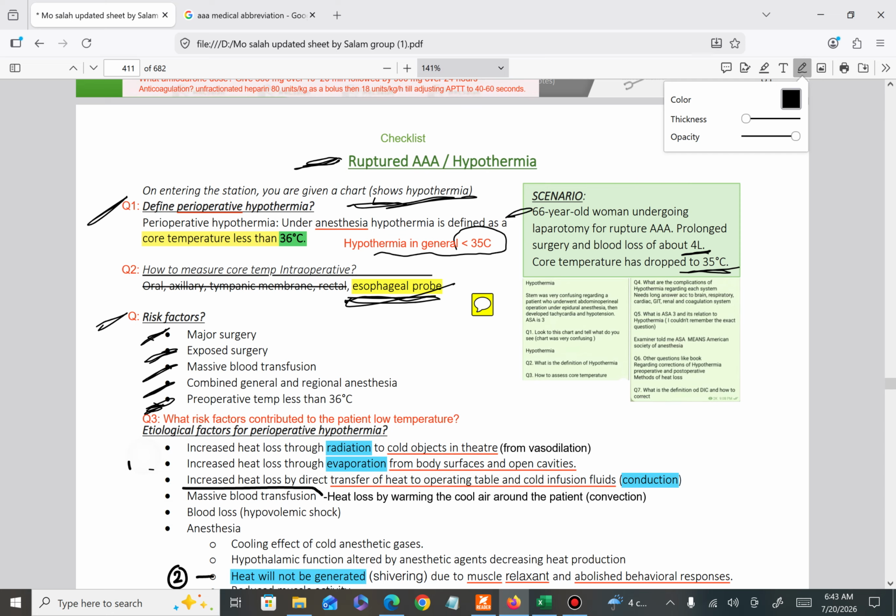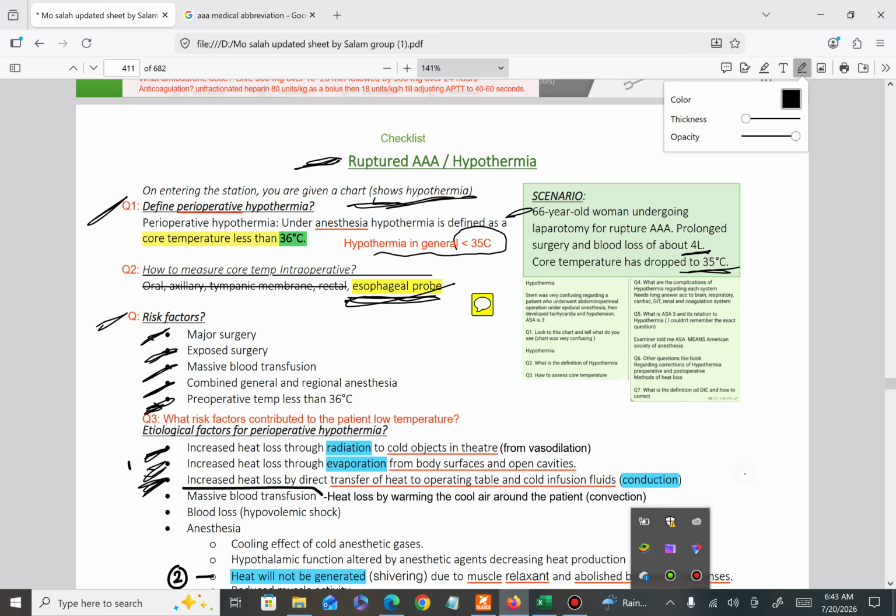It can be due to heat loss through radiation to cold objects in the theater, increased heat loss through evaporation from body surfaces and open cavities, and increased heat loss by direct transfer of heat to the operating table and cold infusion fluids. So perioperative hypothermia can be due to radiation, evaporation and conduction, but the major heat loss is through radiation.